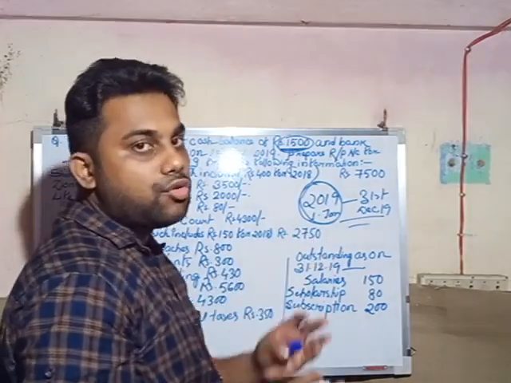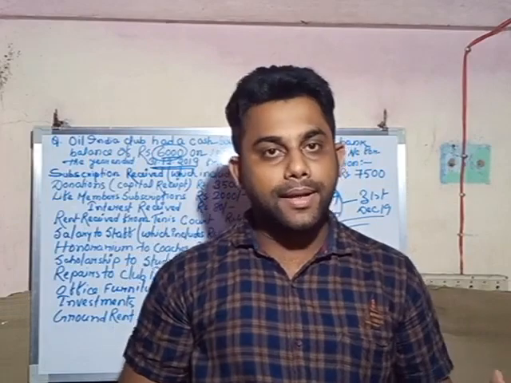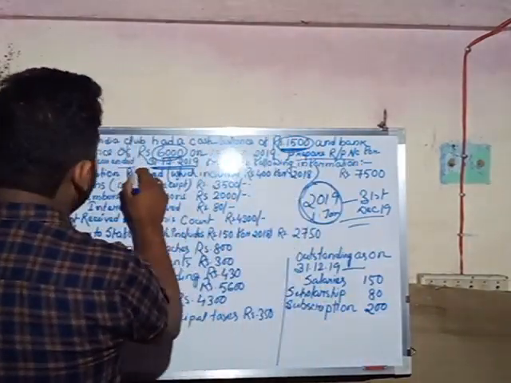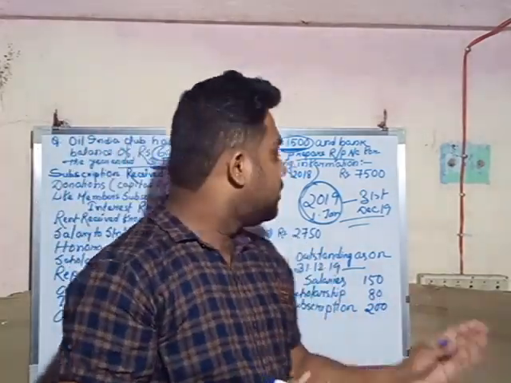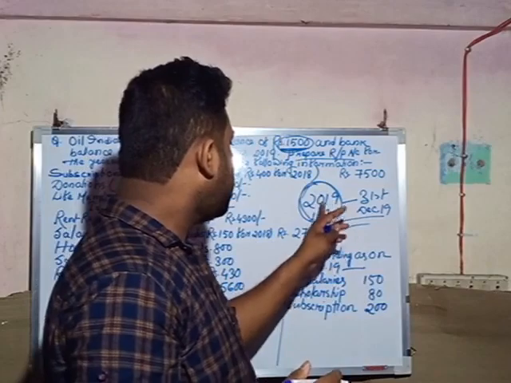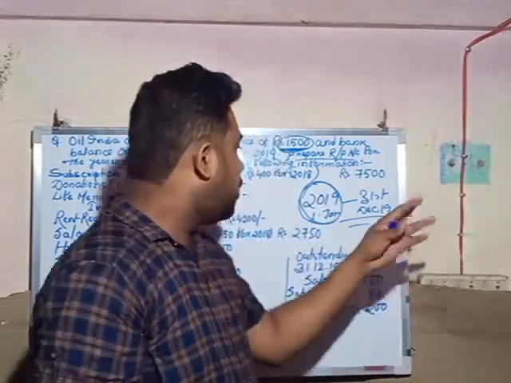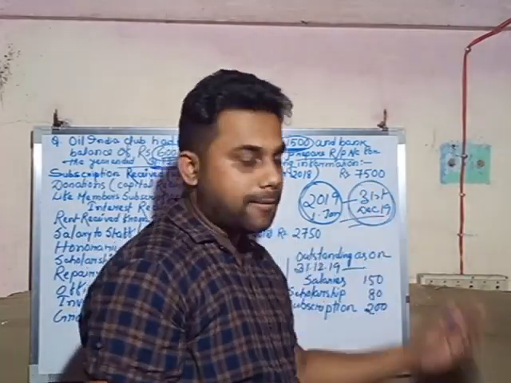So we have found the two amounts, cash in hand and cash at bank, at the beginning of the year, that is our opening balance. Prepare a receipts and payment account for the year ended 31st December 2019. As I have already said, it started on 1st January 2019, so it will end on 31st December 2019, so for 1 year.